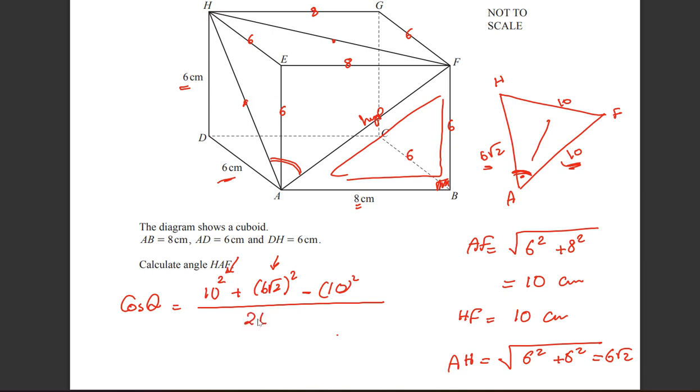And we can do all of this on the calculator as follows. Theta equals cosine inverse of all of this in brackets.